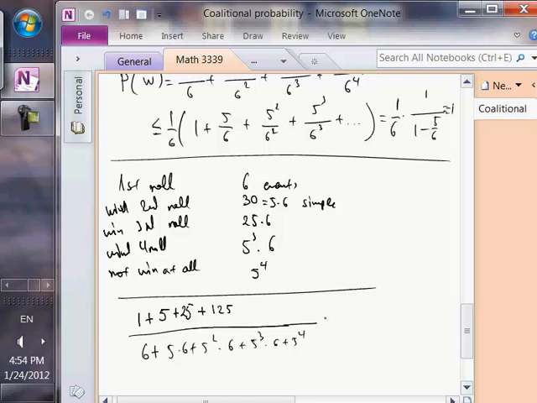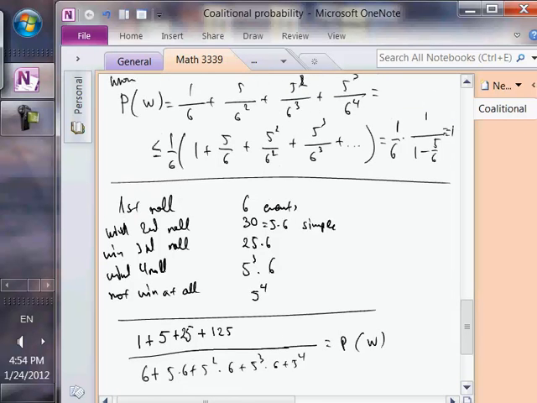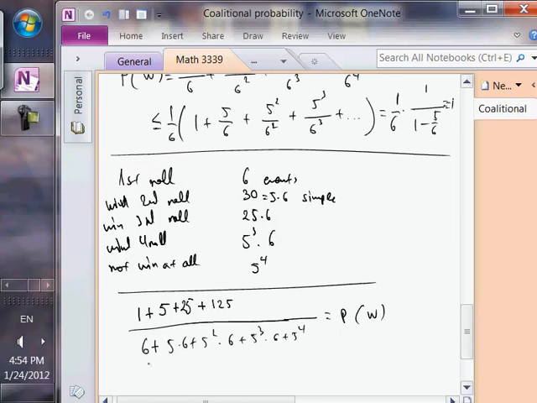Now, so that's the probability of W. What happens is that we don't look at how many events we have for the sample space. Because the sample space is win on the first roll, win on the second roll, win on the third roll, win on the fourth roll, or not win at all. That gives you all the possible configurations.